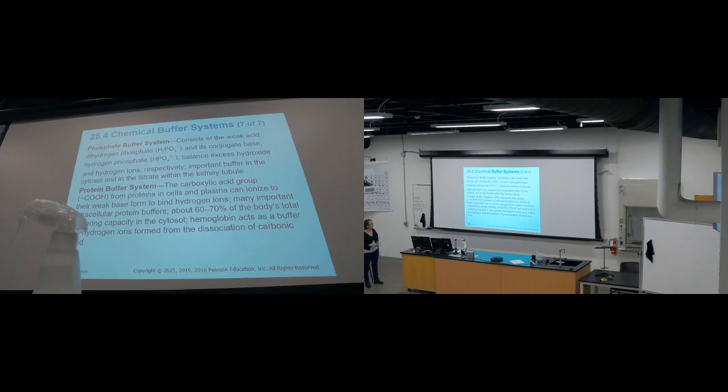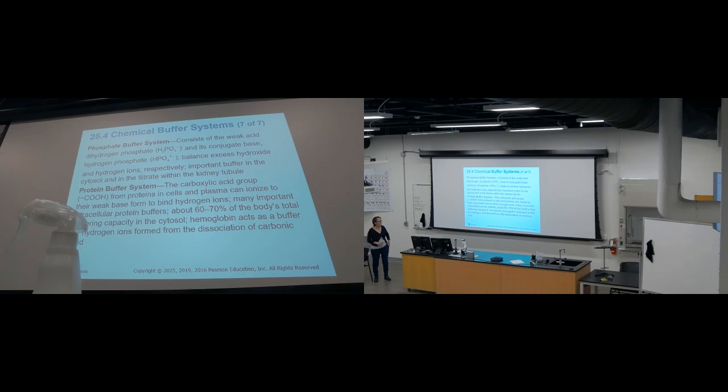The carboxyl group is COO minus, and this one can ionize as a weak base to bind hydrogen ions. 60 to 70% of the total body buffering capacity is found in the cytosol.